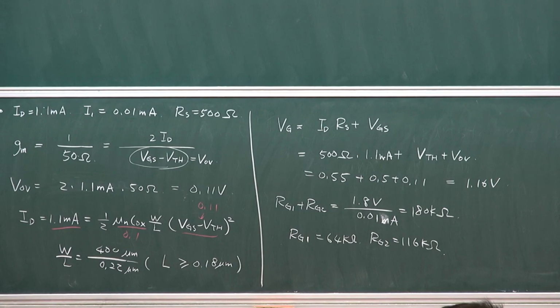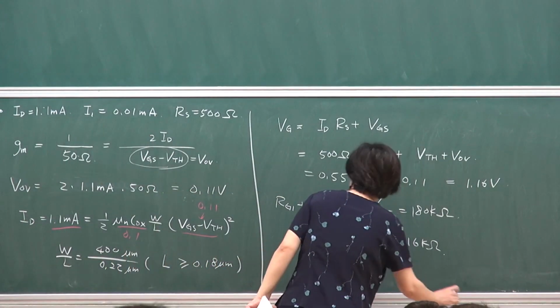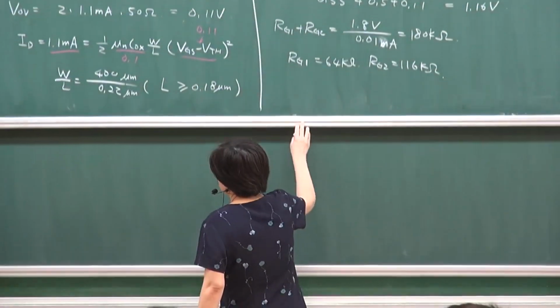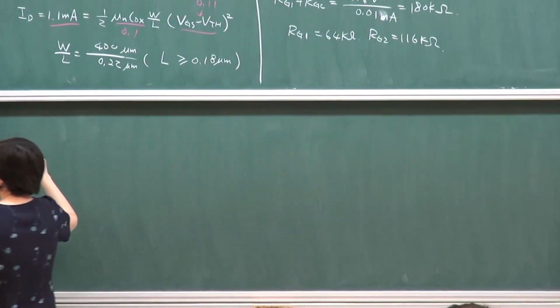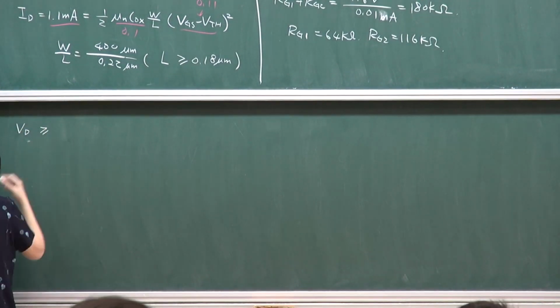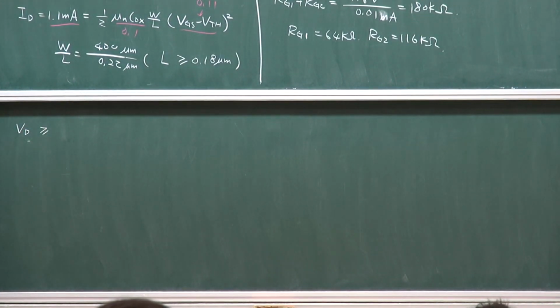So this RD, you just need to pick a number which will make sure that this device will be operated in saturation. Just don't pick a number that will make this device operate in the linear regime. So the limitation on RD is that my drain voltage must be higher than VG minus the threshold.